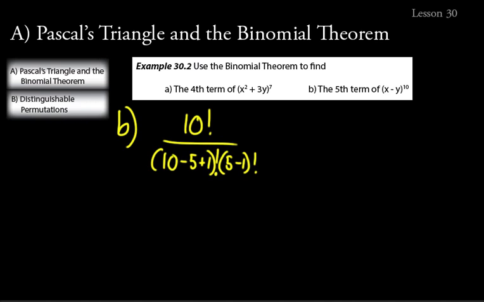And then this would be the first term to the 10 minus 5 is 5, plus 1, that's a 6. And then the second term to the 5 minus 1, that's a 4, to the 4th power. So 10 factorial over 6 factorial times 4 factorial.